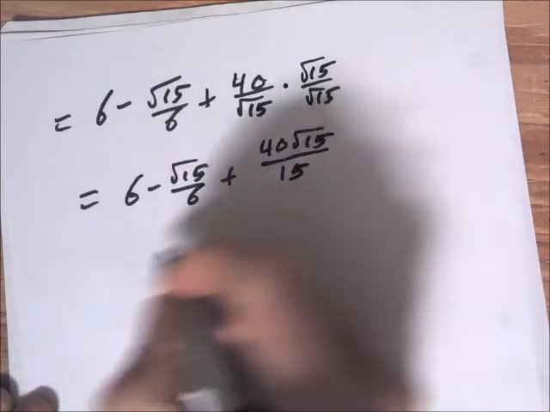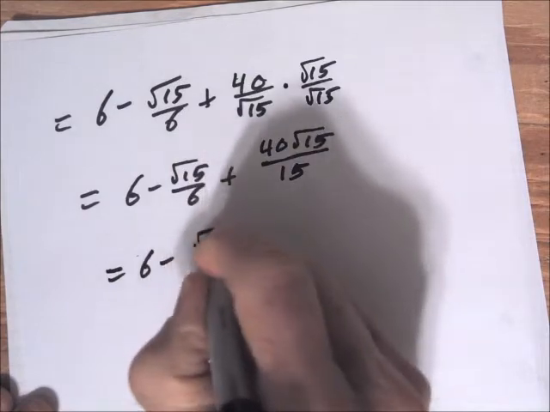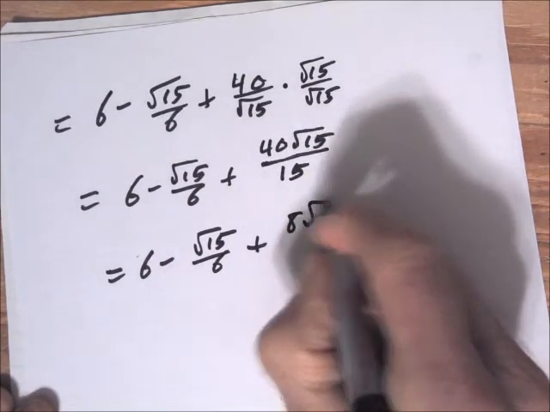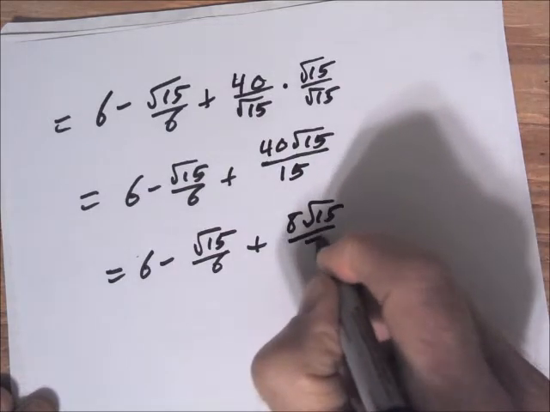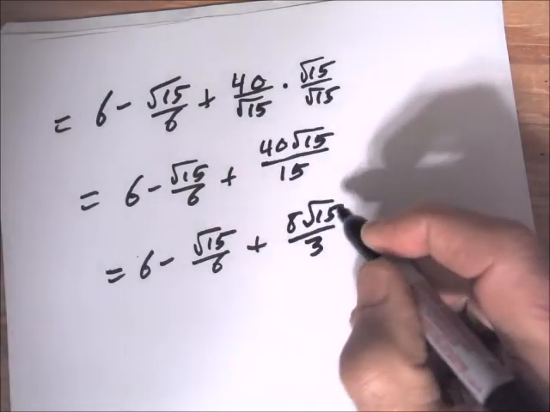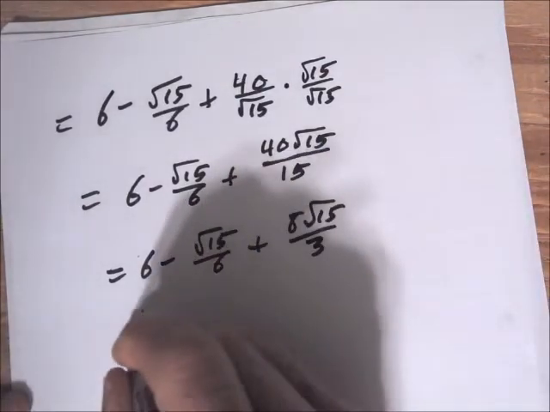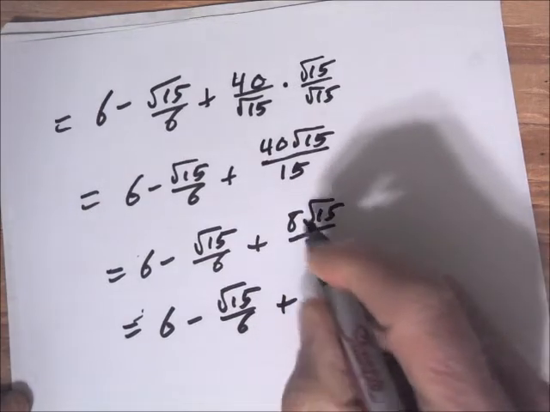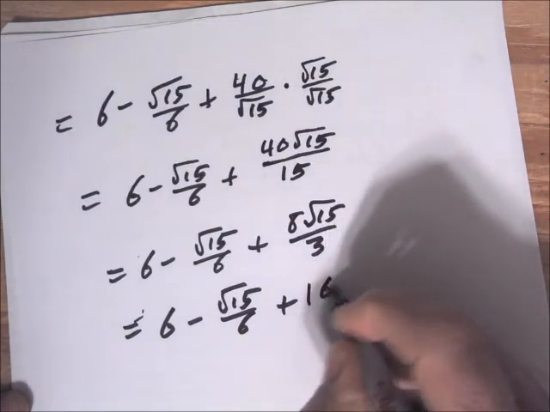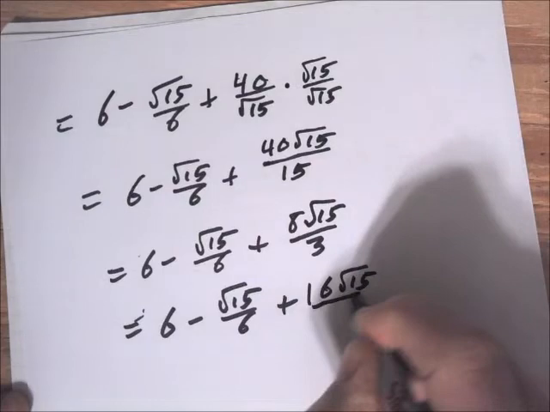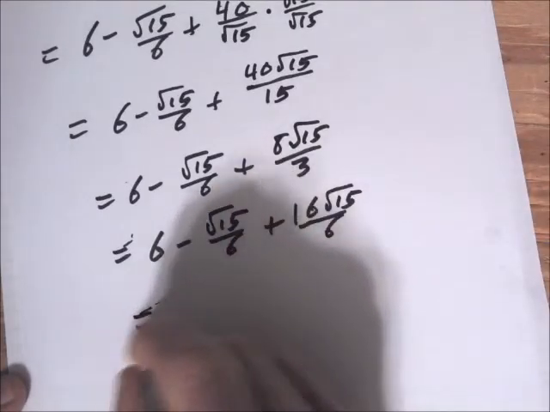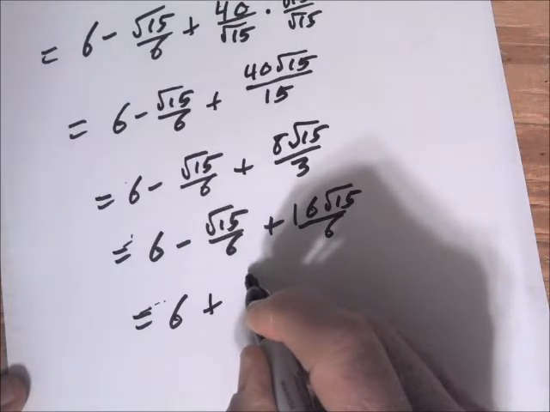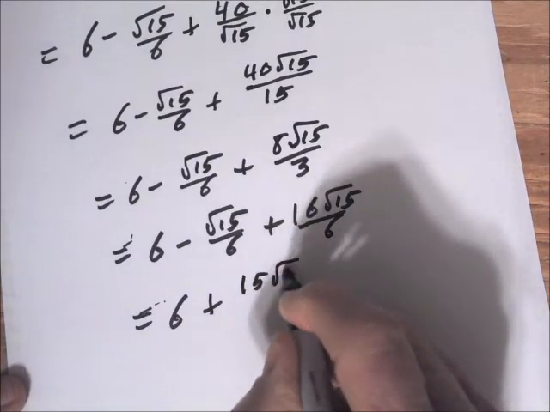And we can reduce that. 15 over 6 plus 8 root 15 over 3. And then get a common denominator. So this will be 6 minus root 15 over 6 plus, multiplying top and bottom by 2, 16 root 15 over 6. So 6 plus 15 root 15 over 6.